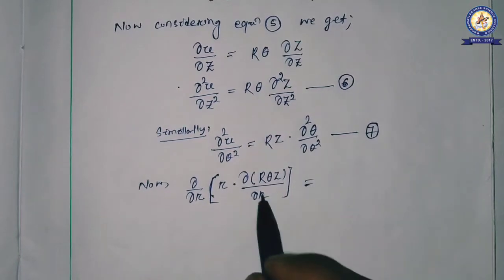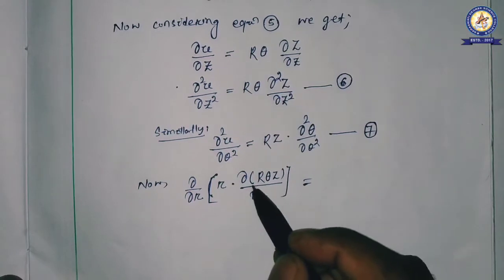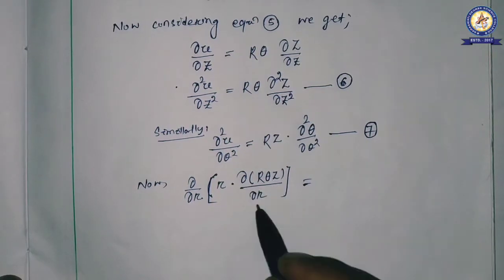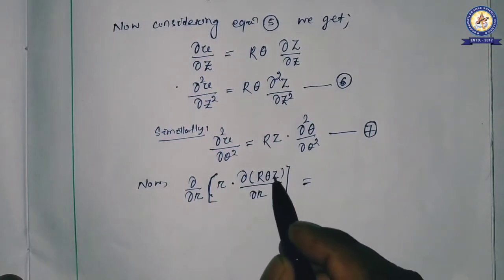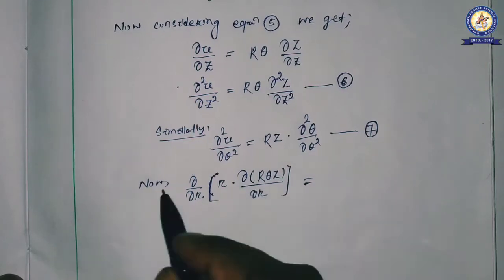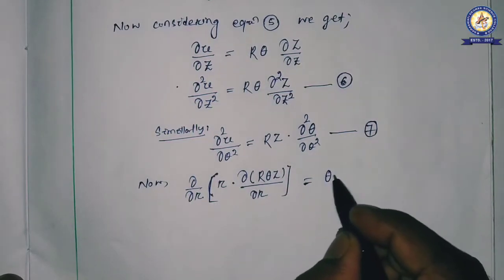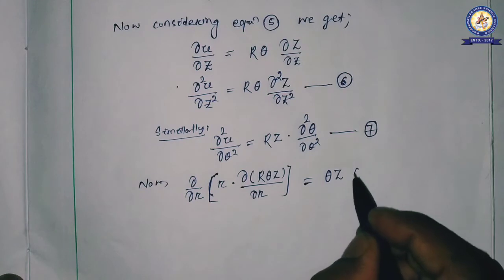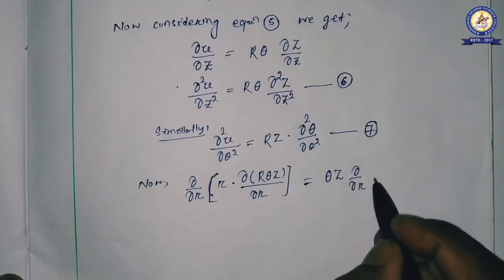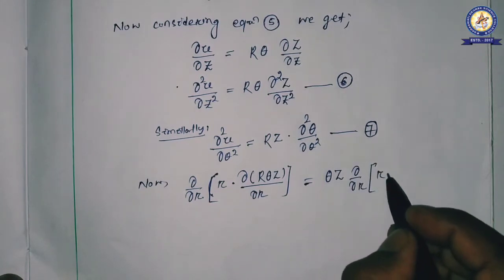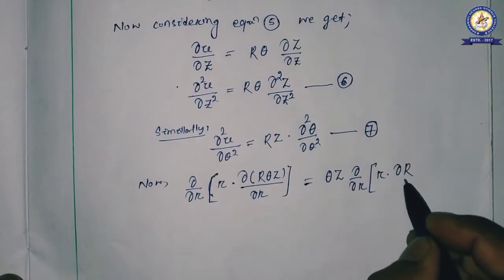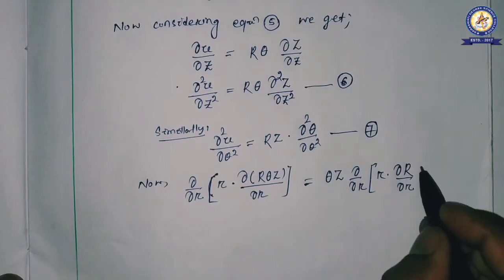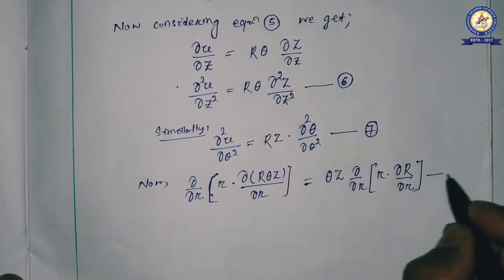Here you can see that in the differentiation with r, theta z will be constant and can be taken outside. So capital theta into z del by del r whole into r into del capital R by small r. Let this be our equation number 8.